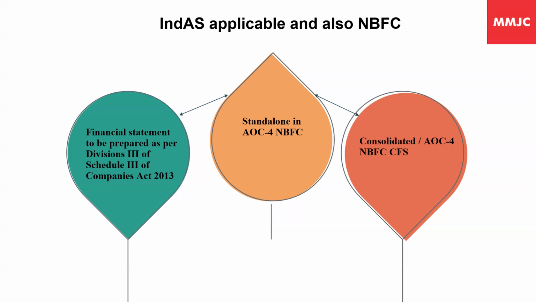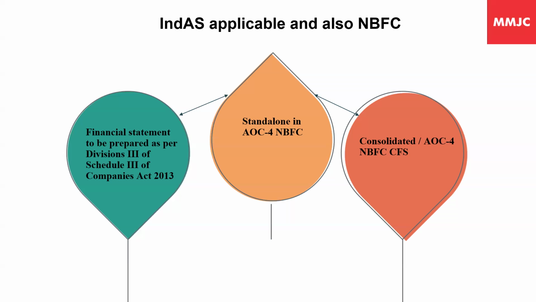NBFC. In case of consolidation, the company should select yes option for applicability of consolidation in AOC for NBFC and then file a separate Form AOC for NBFC CFS for consolidated financial statements along with the approved SRN of AOC for NBFC for standalone financial statements.